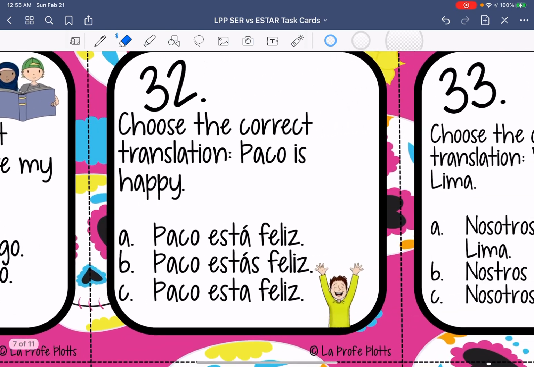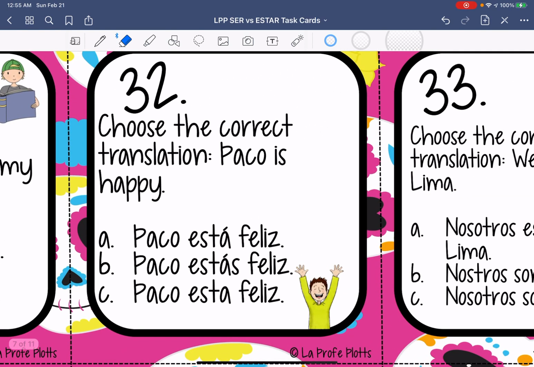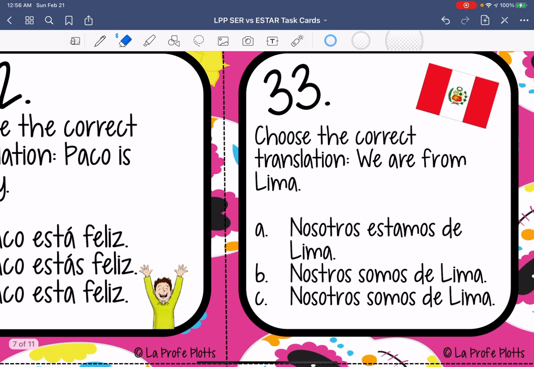Okay, 32. Choose the correct translation. Paco is happy. A, Paco está feliz. B, Paco, ¿estás feliz? C, Paco está feliz. A, B, or C. Okay. 33. Choose the correct translation.